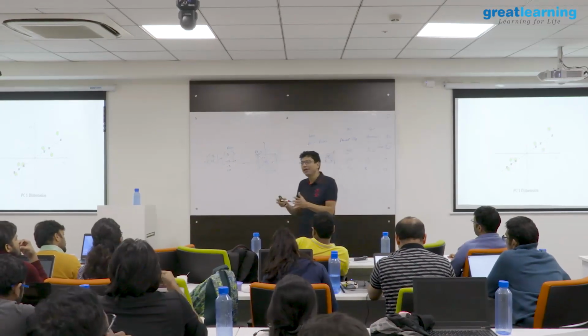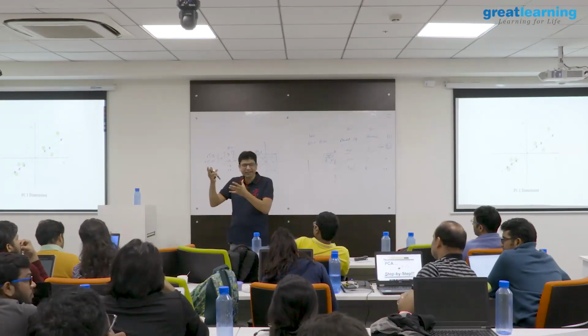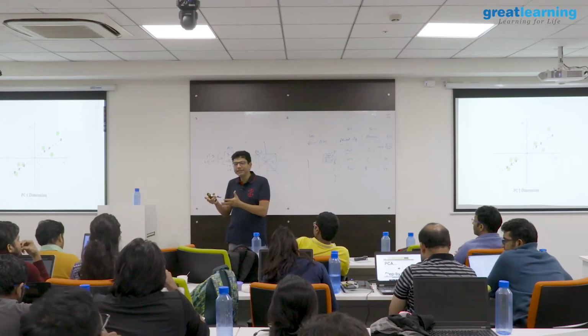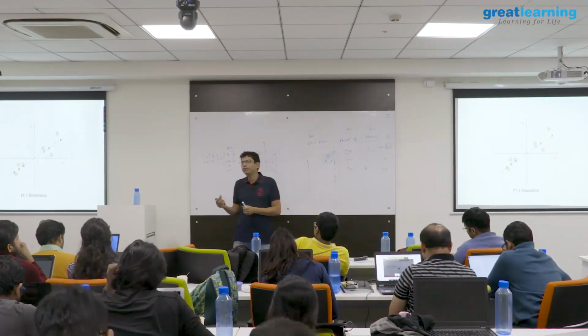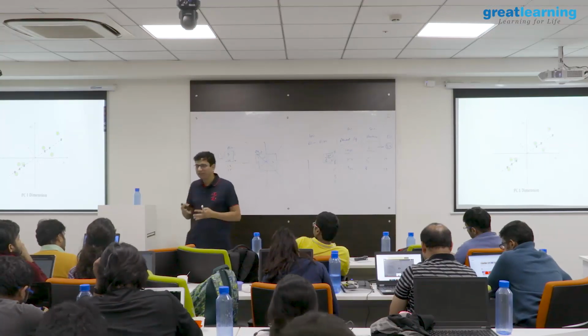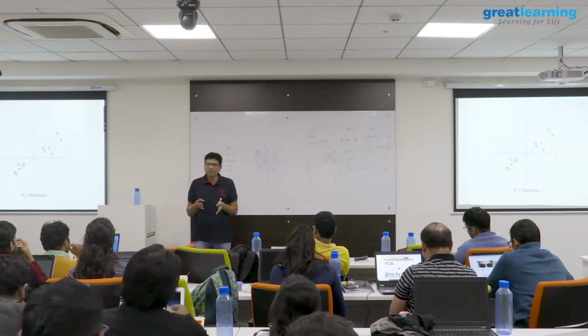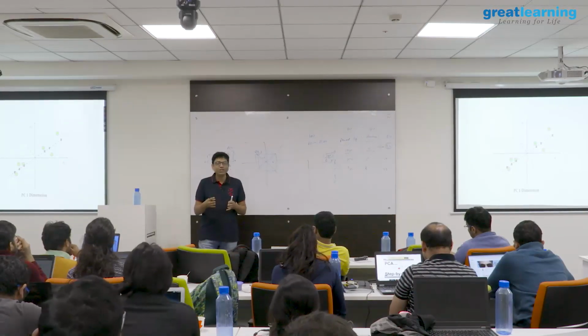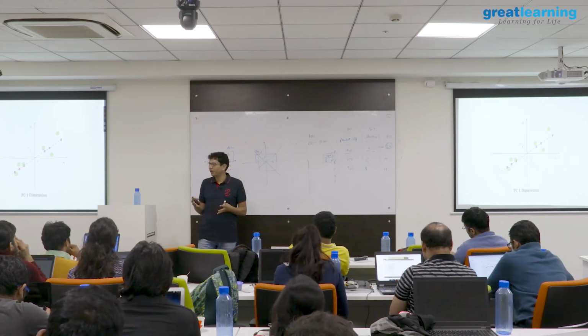Second, I can visualize my data to see how it looks and whether there is any relation. Third, if the machine needs to work with smaller data, it can run faster. And usually with fewer dimensions, what we have seen is that the machine's accuracy improves. So you can derive all those benefits from it.